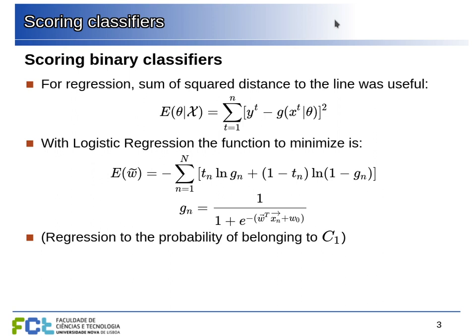With logistic regression, we saw that, again, going by maximum likelihood, we try to maximize the probability of the data, assuming that our hypothesis is correct. And this, because with logistic regression we're trying to predict the probability of belonging to a class, led us to a different cost function. So this is this logistic loss that we were computing, where all these g_n are the predictions of the probability of belonging to class 1 by the model that we're trying to fit.